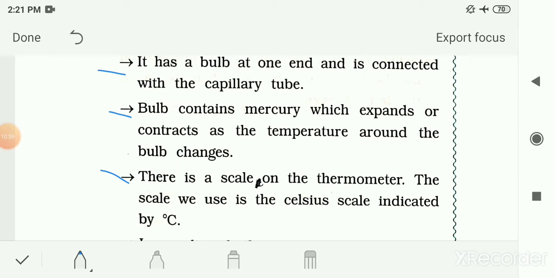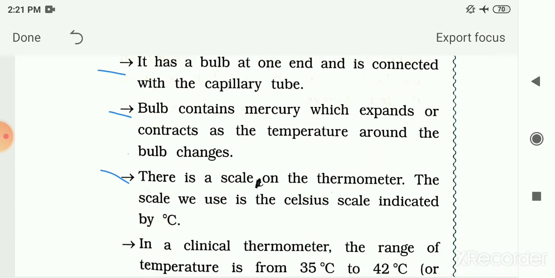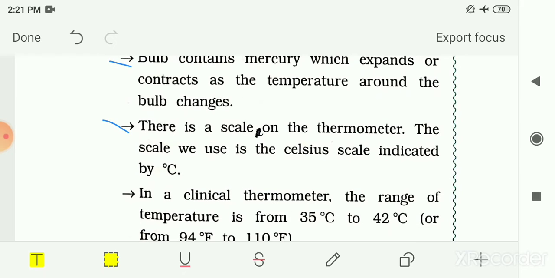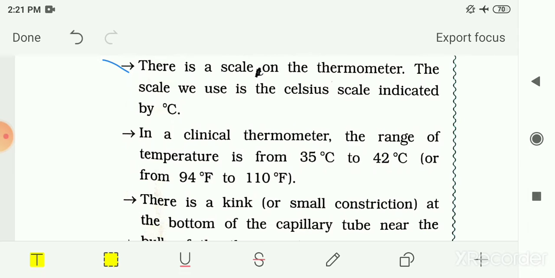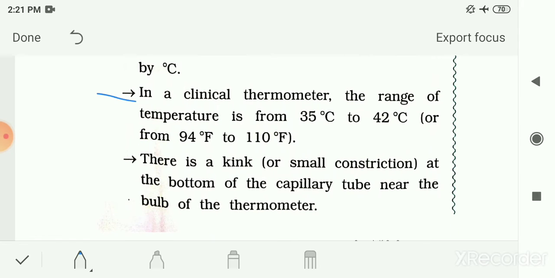And there is a scale on the thermometer. The scale we use is the Celsius scale, and it is indicated by degree Celsius. In the clinical thermometer, the range of the temperature is from 35 degrees Celsius to 42 degrees Celsius, and in the Fahrenheit scale, it's from 94 degrees Fahrenheit to 110 degrees Fahrenheit that we had already seen.